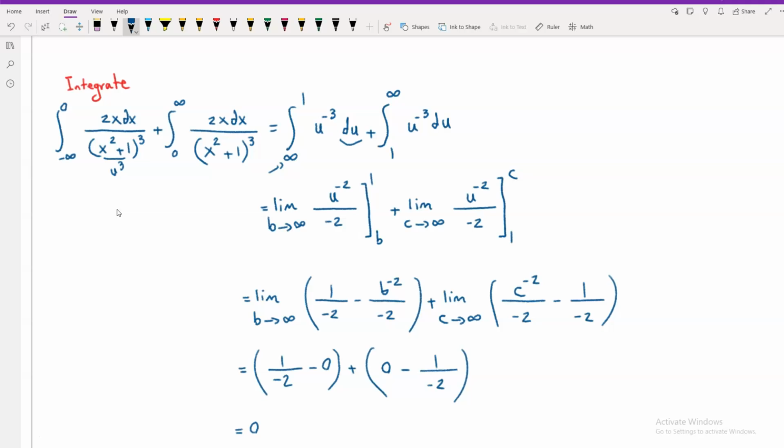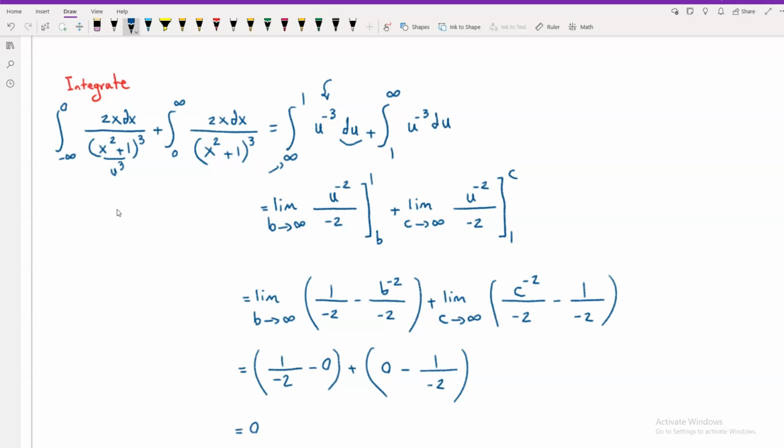Move that one to the numerator. We're going to change our power from positive to negative, so that's how we have u to the negative 3, plus the integral from 1 to positive infinity. Again, we have u to the negative 3 multiplied by du, that is 2x dx. So 2x dx is du again.